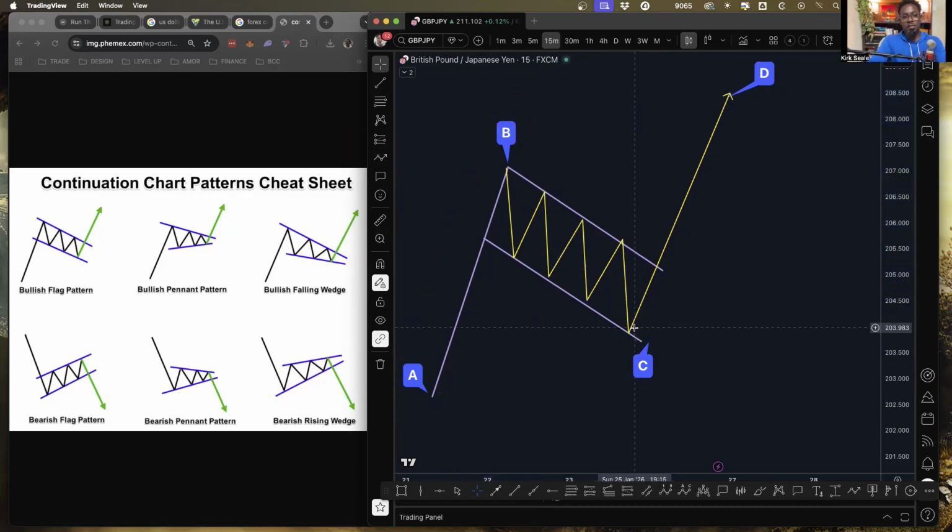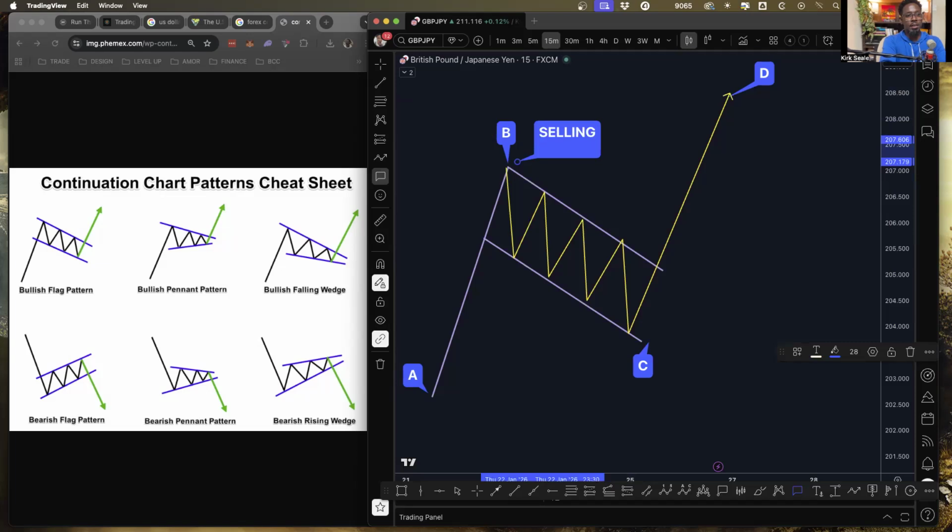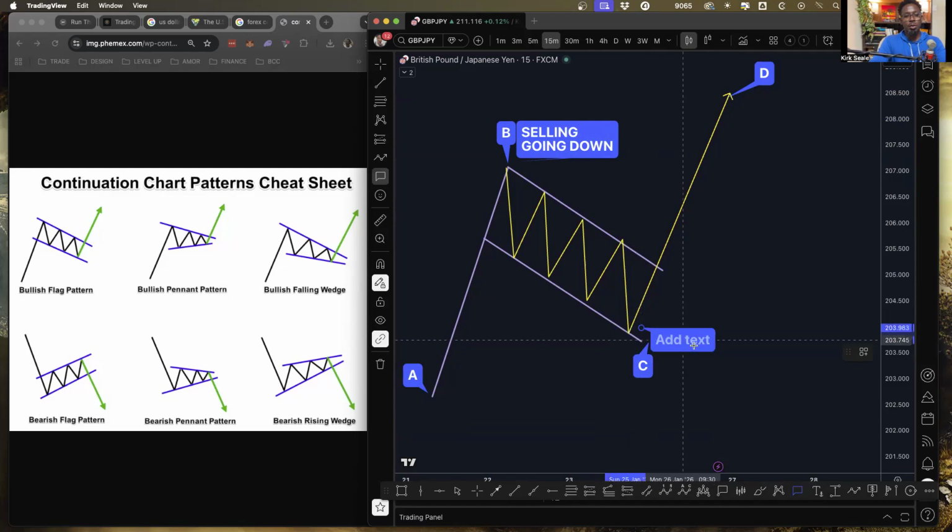If we are waiting on C and B to C, price is selling, price is going down. While we're trying to figure out where C is going to show up, we are waiting for price to stop selling and stop going down.